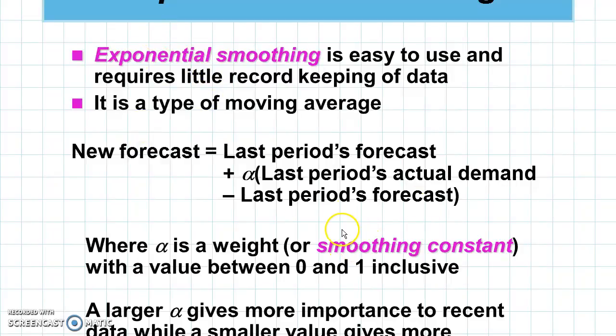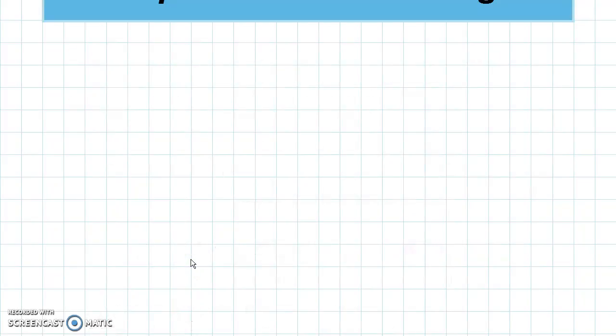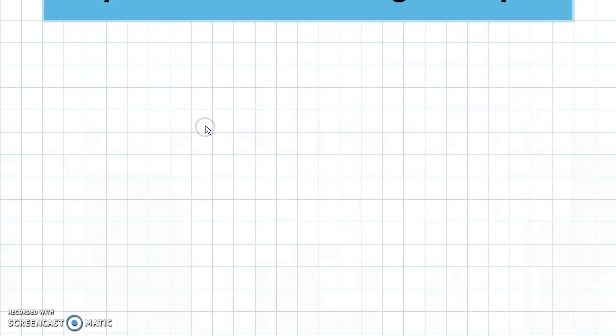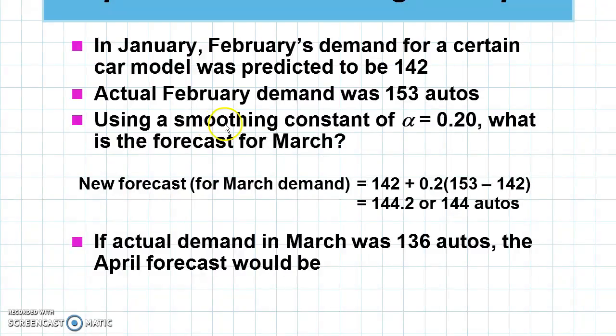With exponential smoothing, it takes an alpha, let's say 0.20, and multiplies it by the last period's actual demand minus the forecast in order to get your projection. The mathematical equation right here: our forecast plus our alpha times our actual data minus our forecast is equal to our new forecast. That'll become more explicit here in a second.